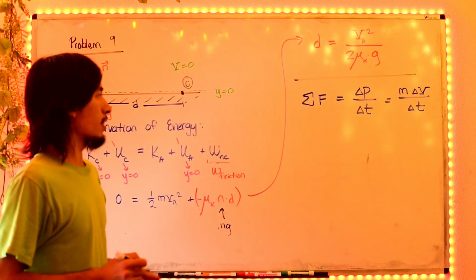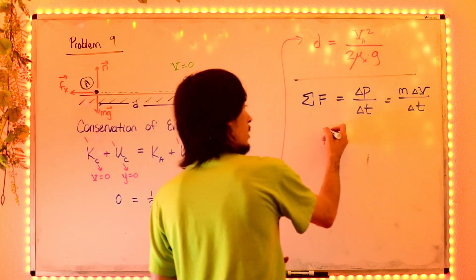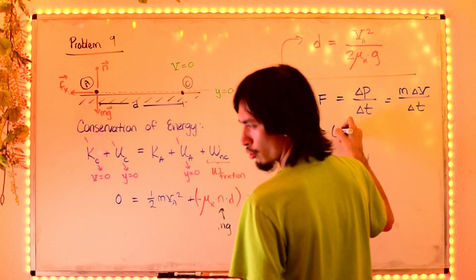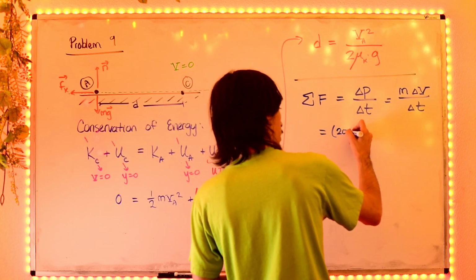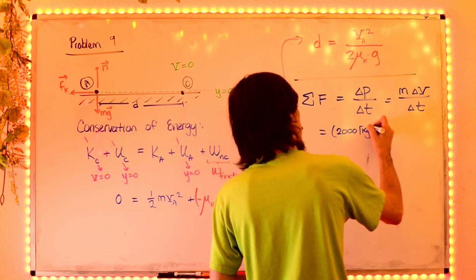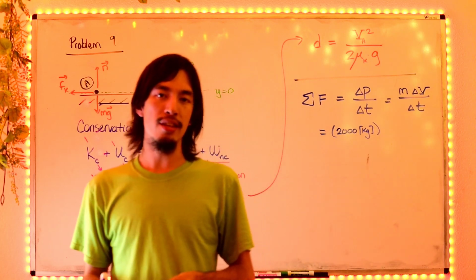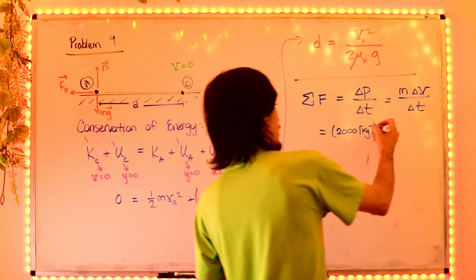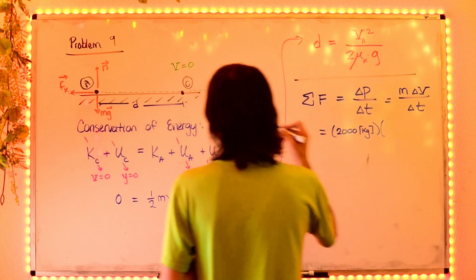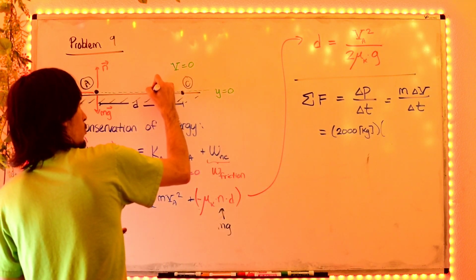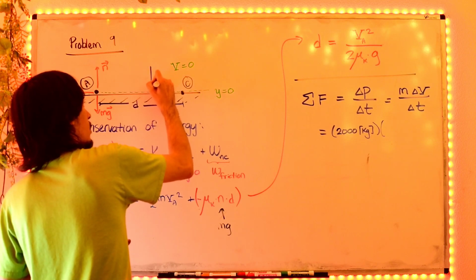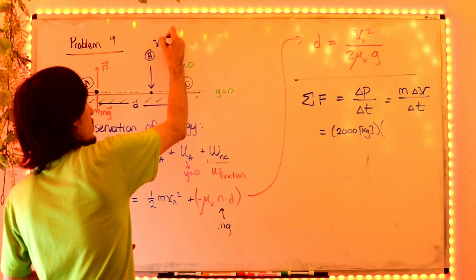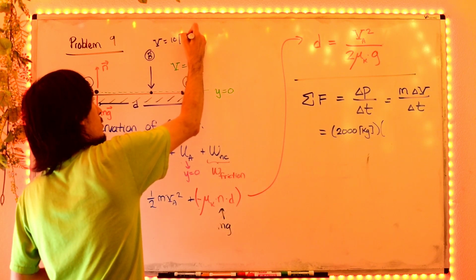So we expand it out like that. We plug in some values. So we have the mass is 2,000 kilograms. The change in velocity during which this force is being considered is between A and B. There is a special point right in here called point B, and we know that the speed at that point is 10 meters per second.